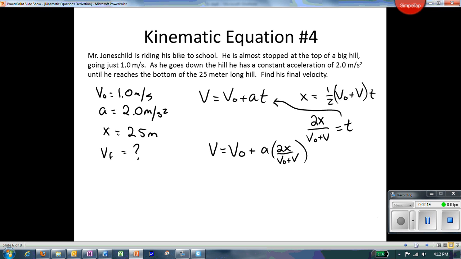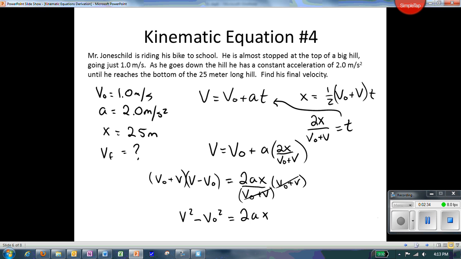Now, to get to this second step, I did a couple of steps here. First, I subtracted out the initial velocity from each side, and then I multiplied by v naught plus v. Once you work that out, v naught plus v times v minus v naught just gives you v squared minus v naught squared equals 2ax.